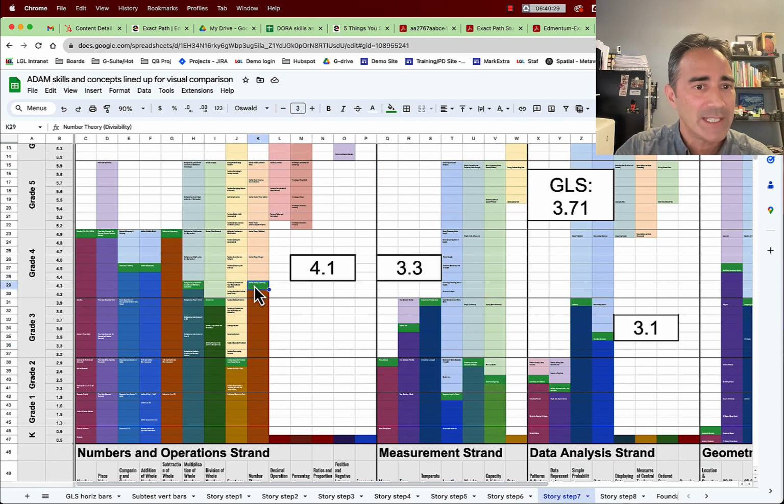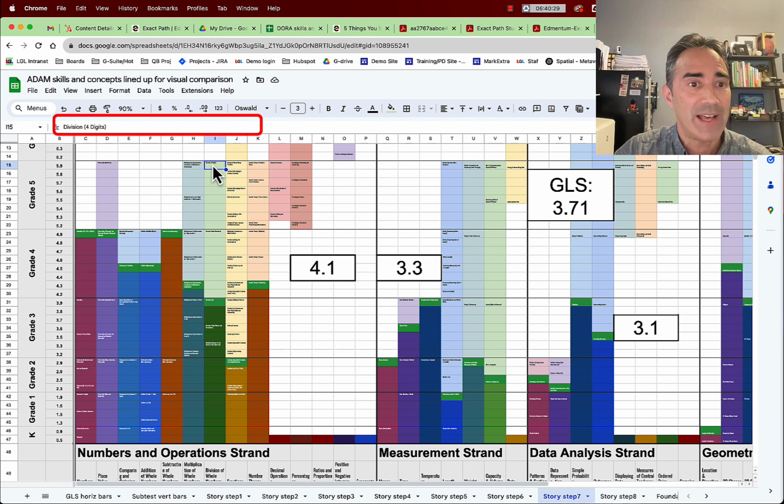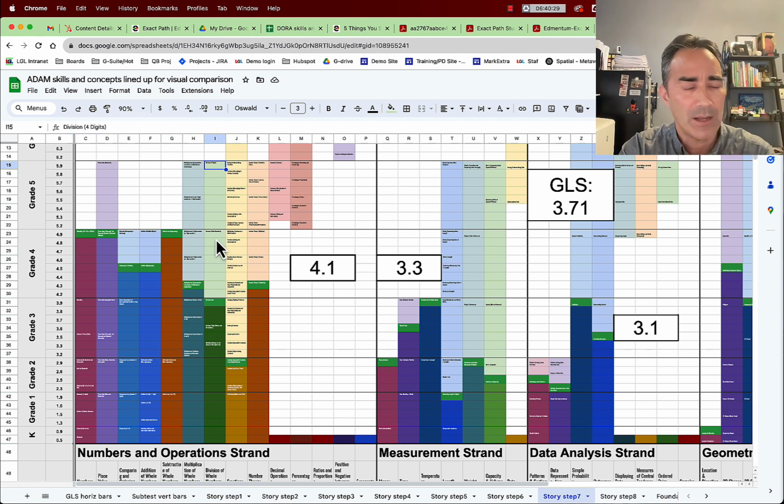Let's take a look at division of whole numbers. This particular student has mastered division facts, but when it comes to division of whole numbers, they have non-mastery, right? And one above that is a 4-digit. These are discrete skills where we give a whole set of items, and we determine mastery or non-mastery based on sets. Very different.